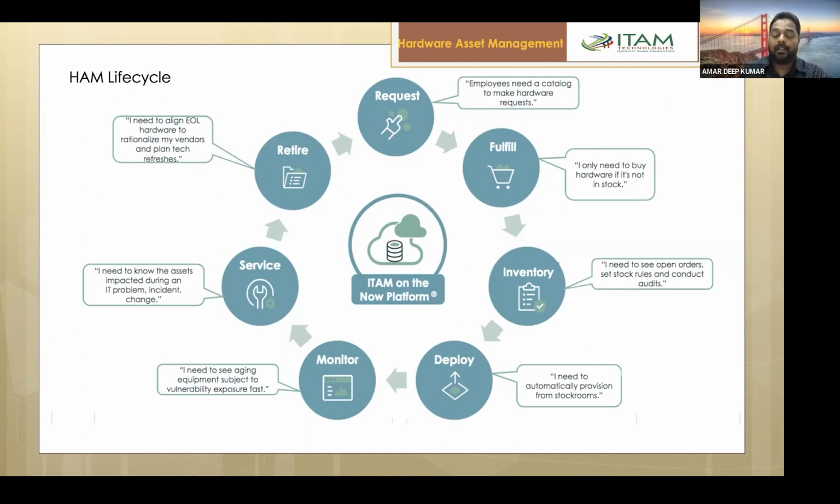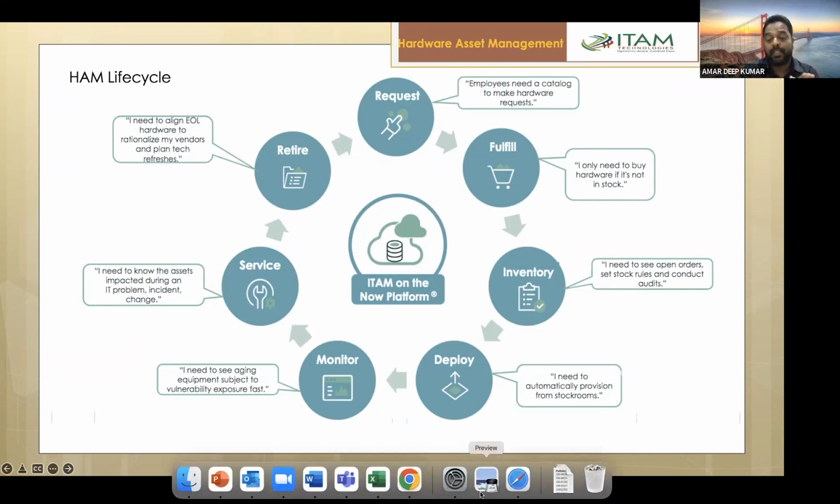Now we start deploying the standard software, and after that we start handing over to the user. Okay, so once we hand over to the user, that process is known as deploy. So we are deploying the asset, which means we are assigning the asset to the user.